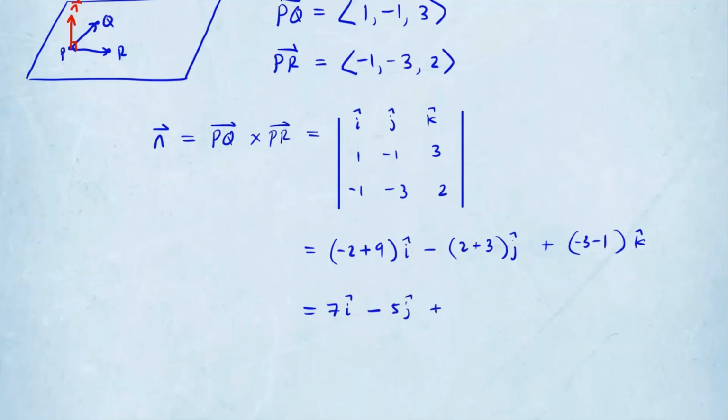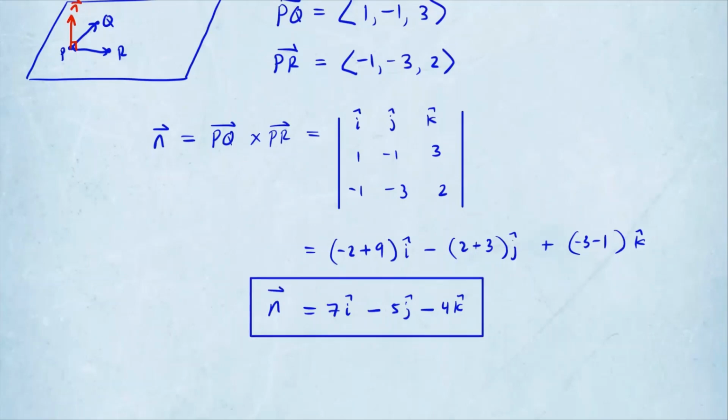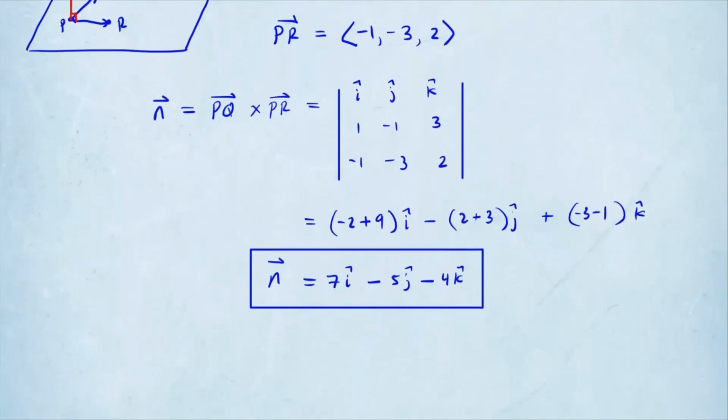And then for k, we get negative 4. So that's what I'm going to write down here. This is our normal vector. This vector is perpendicular to both P to Q and P to R, so of course, it's perpendicular to the plane. You can write this component-wise as 7, negative 5, negative 4.